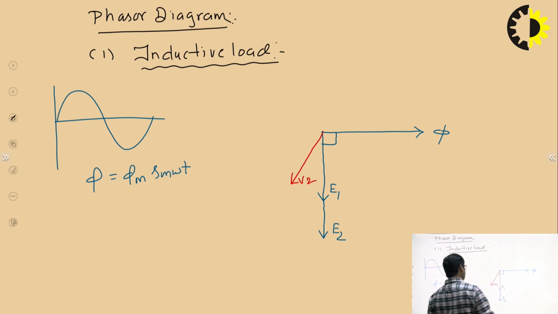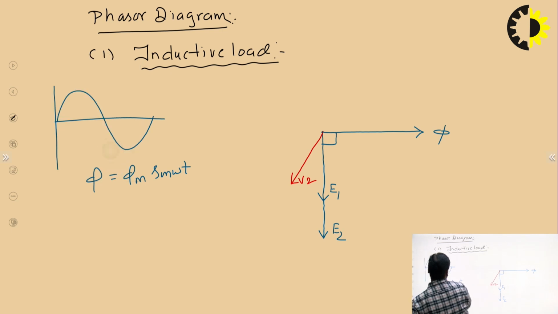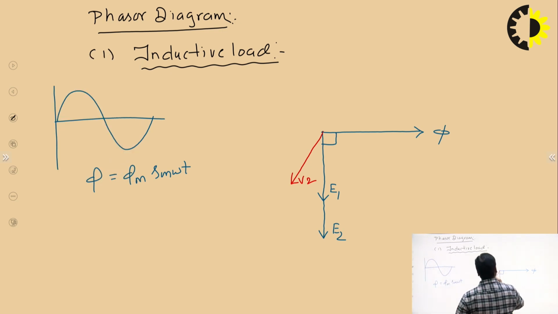Since we have taken the load to be inductive, and in an inductive load the current always lags behind the voltage, the current will lag this voltage by some angle. So suppose the current is taken like this; this is my current I2. There will be some angle between I2 and V2, which we call the power factor angle, phi 2.